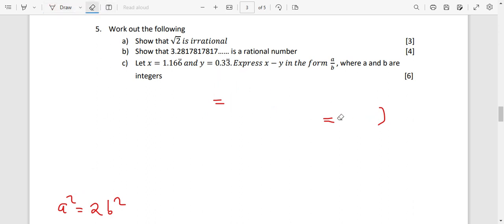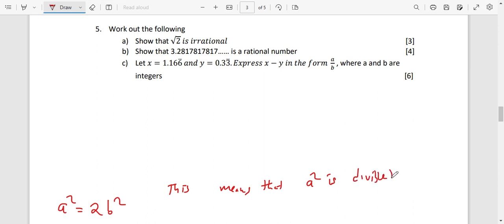So if 2 can go into a squared, it means that a squared is divisible by 2. Okay? So you need to write, this means that a squared is divisible by 2. Now, friends, if 4 squared can be divided by 2, it means that 4 can also be divided by 2.